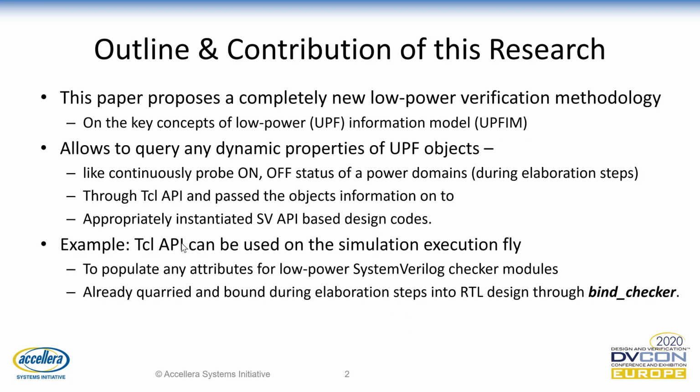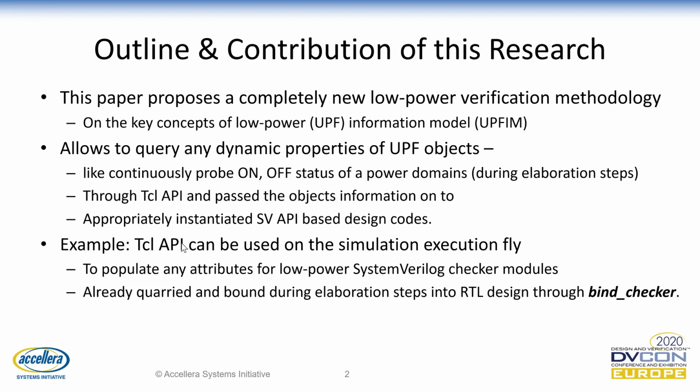This paper proposes a completely new low power verification methodology based on the key concept of low power, which is UPF. We call it the UPF information model, which allows you to query any dynamic properties of UPF objects, like continuously probing the on-off status of a power domain through the Tcl API, and pass the object information on to appropriately instantiated SystemVerilog API-based design code.